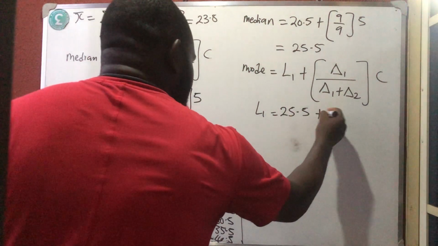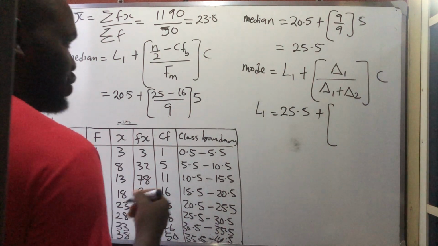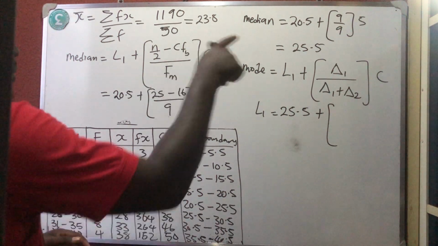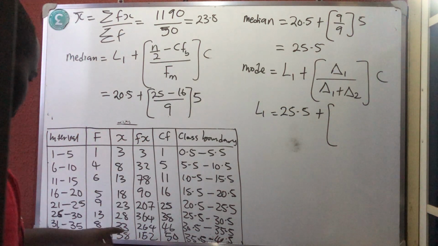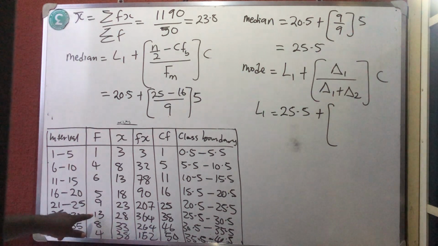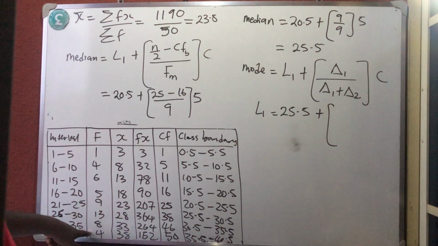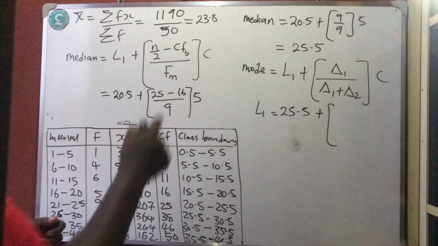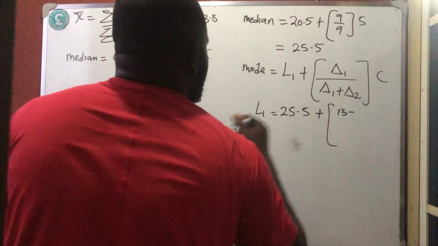Plus, now what is your change? Don't forget that change means something minus something. That's why we use change. At that mode, the 13, look at it. You say 13 minus the upper one and 13 minus the lower one. As simple as that.